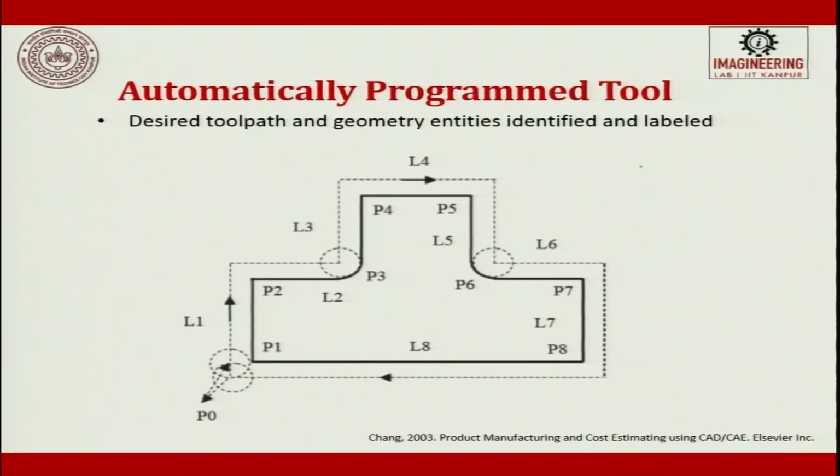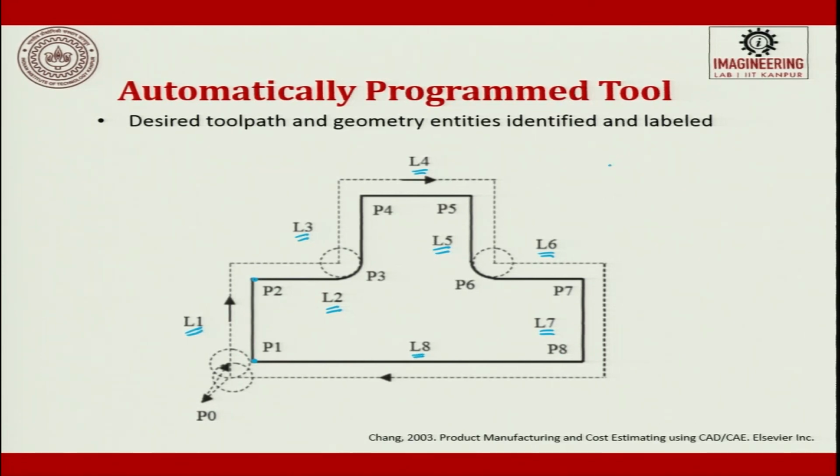So, in APT, let us assume this is a part which has to be machined, and these are the points P1, P2, P3, P4, P5, P6, P7, P8 and P9. P1, P2 are joined together by a line L1, P2, P3 by L2, P3, P4 by L3, P4, P5 by L4, P5, P6 by L5, P6, P7 by L6, P7, P8 by L7, P8, P1 by L8.